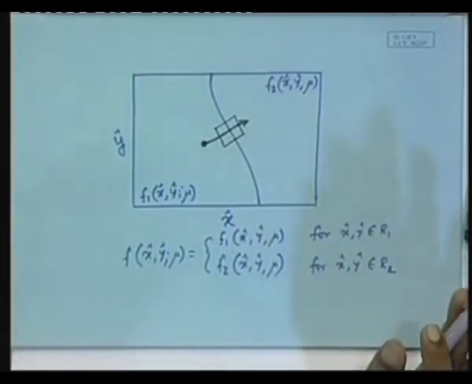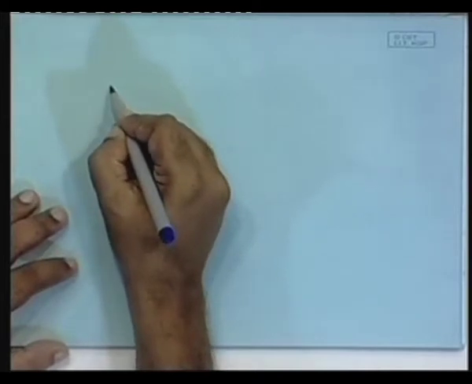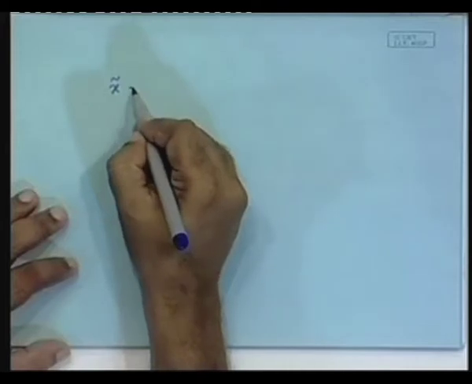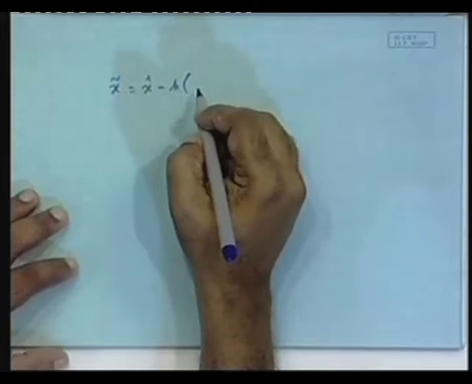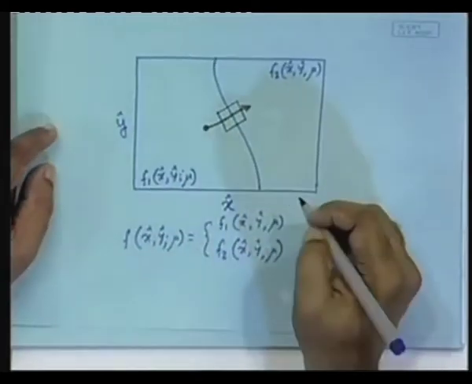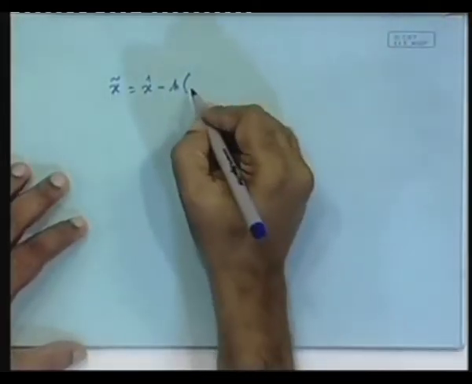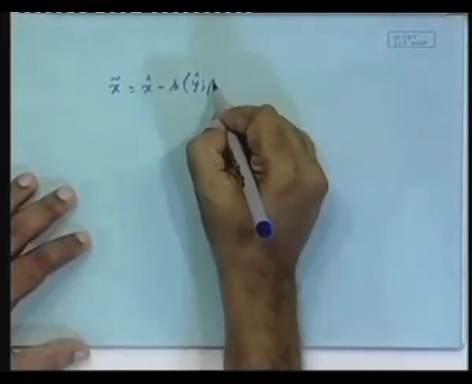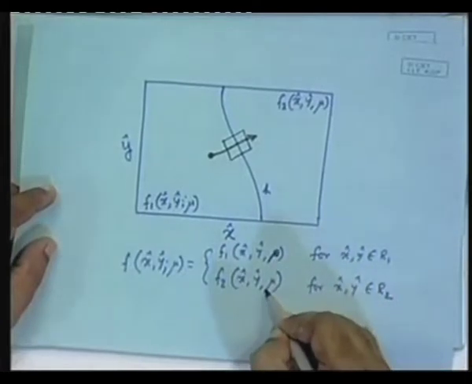What kind of parameter or coordinate transformation will be necessary? We will do it by defining a new coordinate x tilde, which is x hat minus h of y tilde, where h is the equation of the border. Let the parameter be rho, because I will come back to the mu parameter later. Let this parameter be rho.